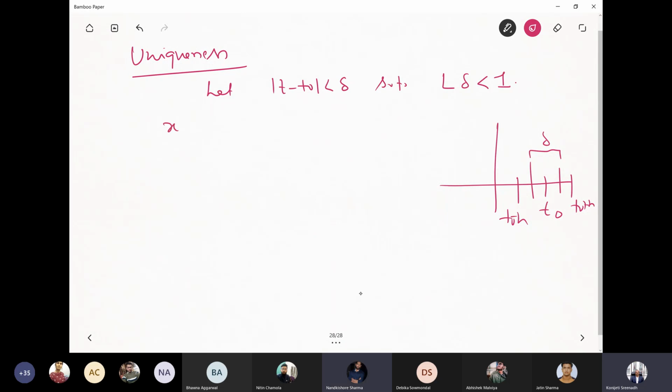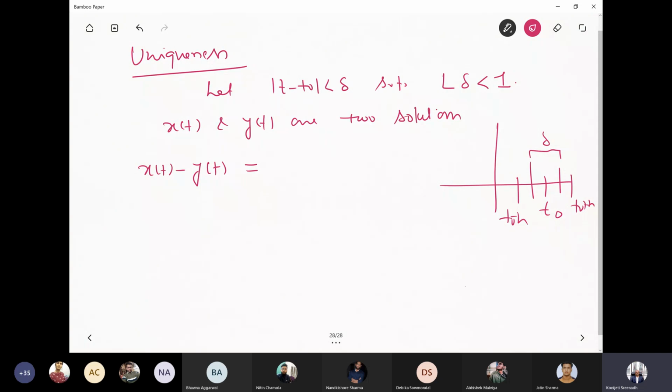So if x(t) and y(t) are two solutions, write x(t) minus y(t). Both of them satisfy the differential equation, and therefore both of them satisfy the integral equation.